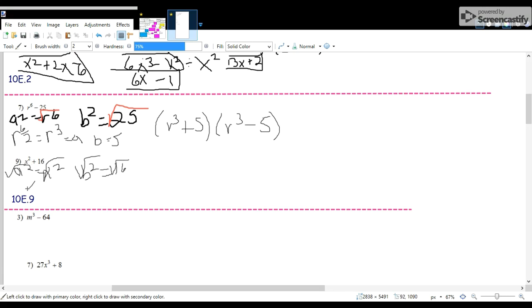The square root of x squared is just x because 2 divided by 2 is 1. The square root of 16 is 4. So a equals x and b equals 4. If we plug that into our formula, we get x plus 4i times x minus 4i.